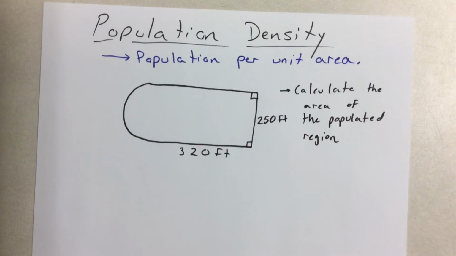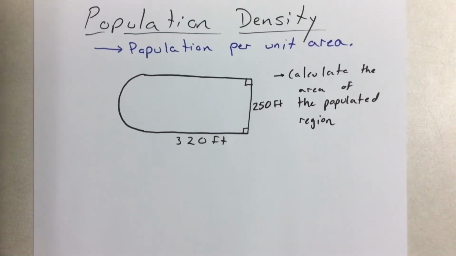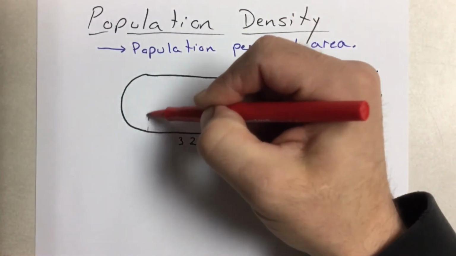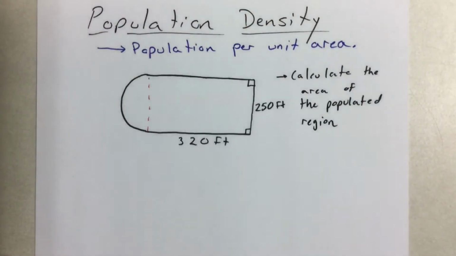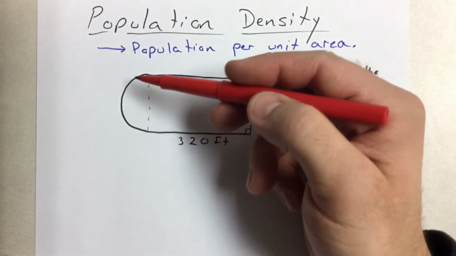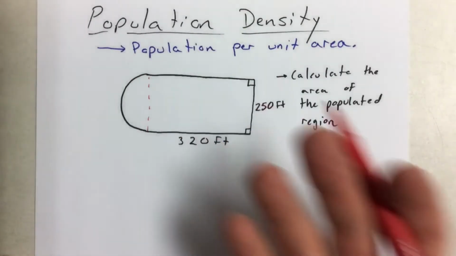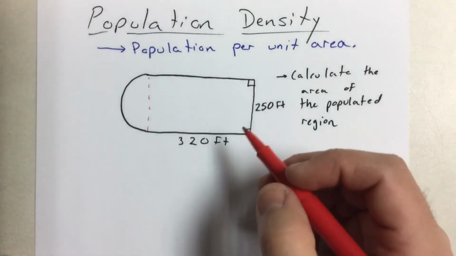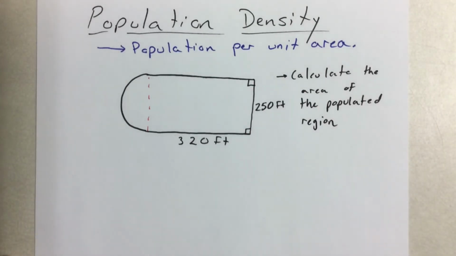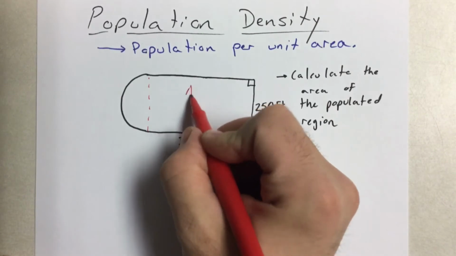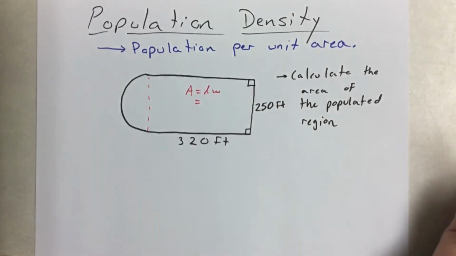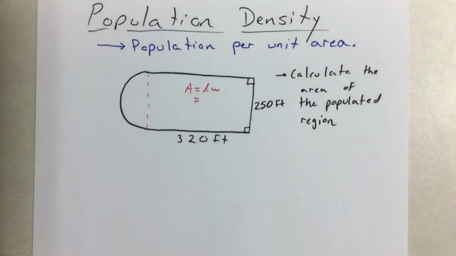So we look at this, sorry, the paper's moving all around, guys. There you go. So we see here that I could look at this as a rectangle and then a half circle. So finding the area is just combining the two areas. The area of our rectangle, length times width, would be 250 times 320, and I believe that is 800.